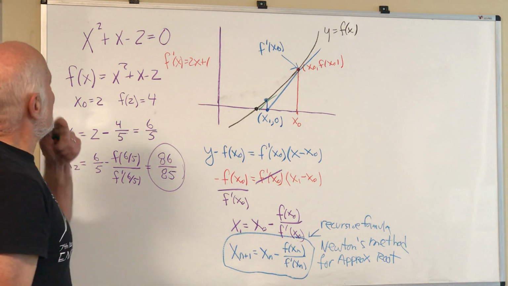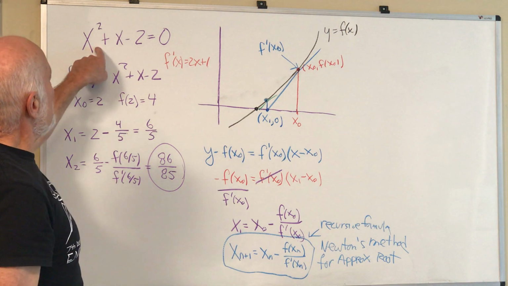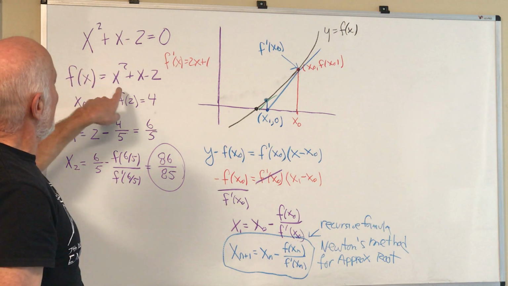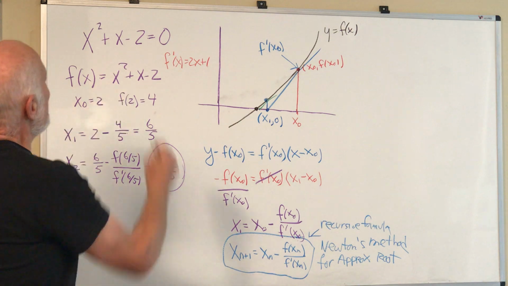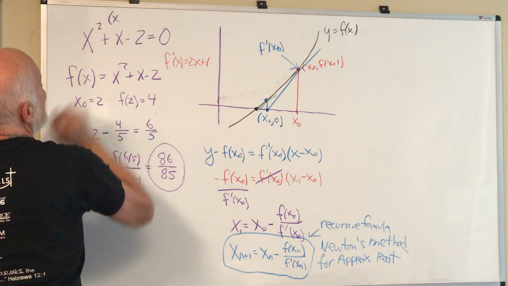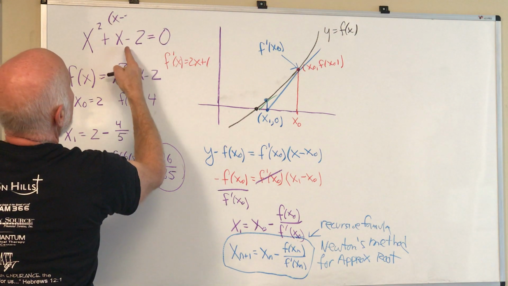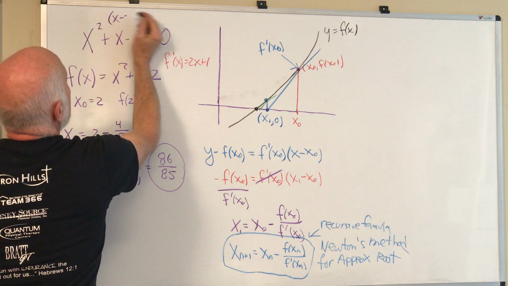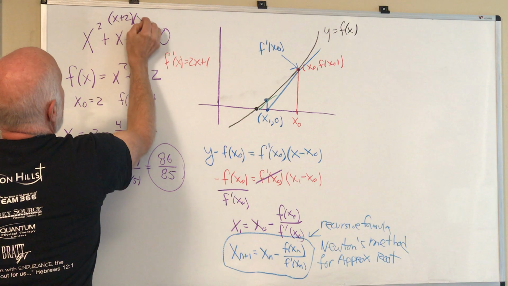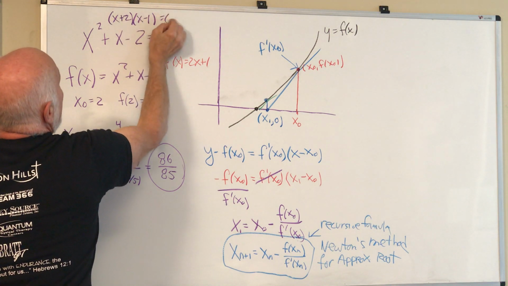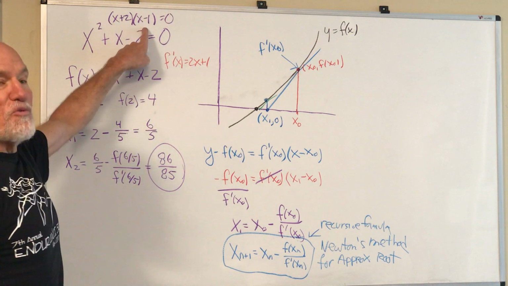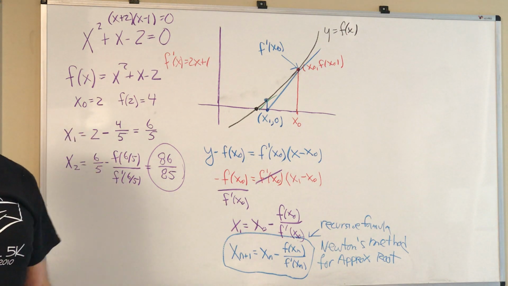Now, if he only knew how to do factoring right up here, he could have just factored this into x minus 1, x plus 2, and he would have known that x equals 1 is a solution.